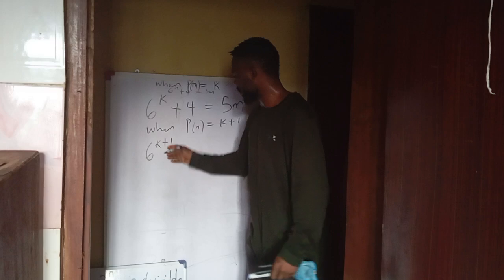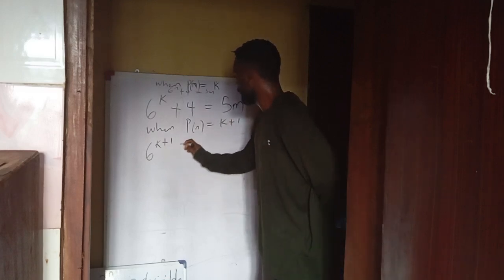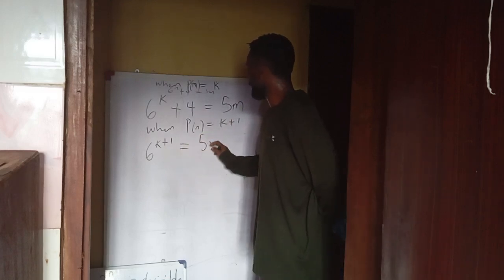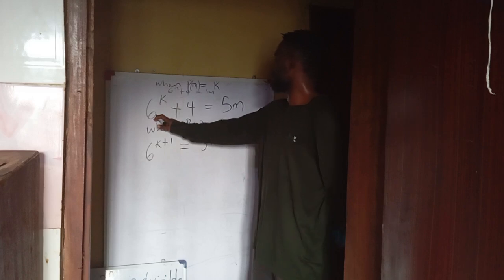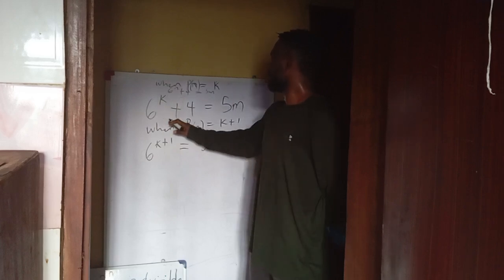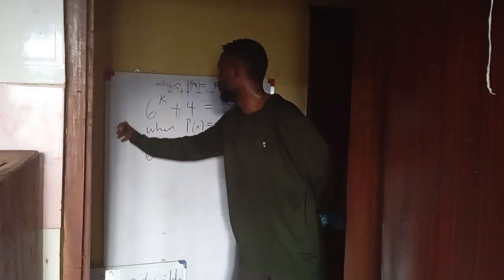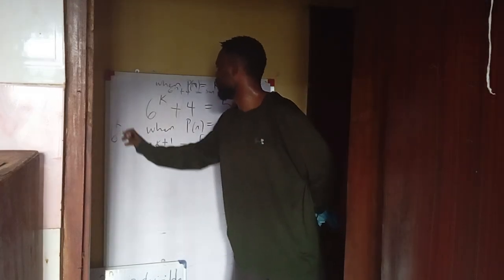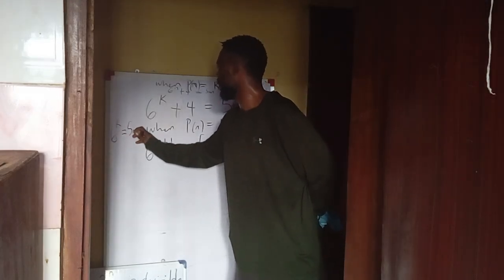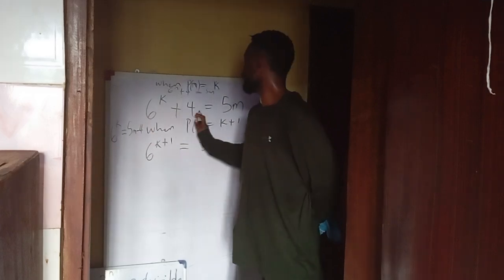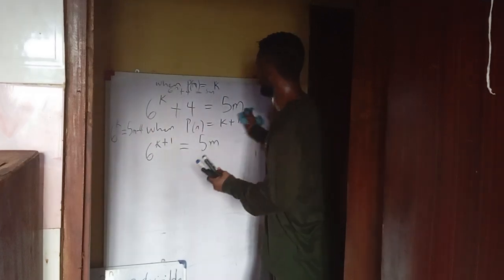So let's say I made this, 6 raised to power k, subject of the formula. You see that it could have given me 6 raised to power k is equal to 5m minus 4. That's what I could have gotten. See what I mean?